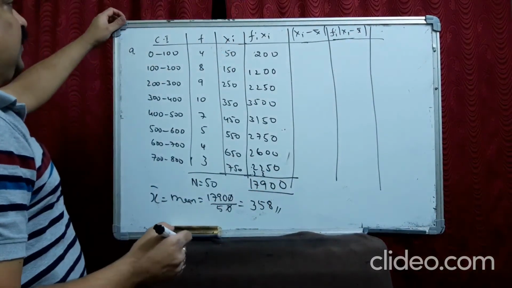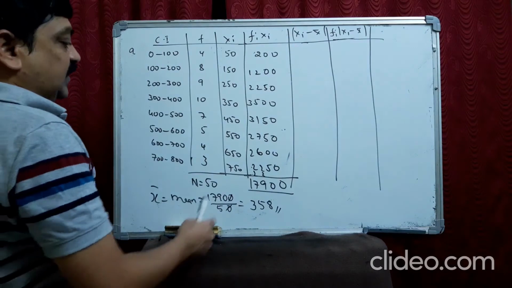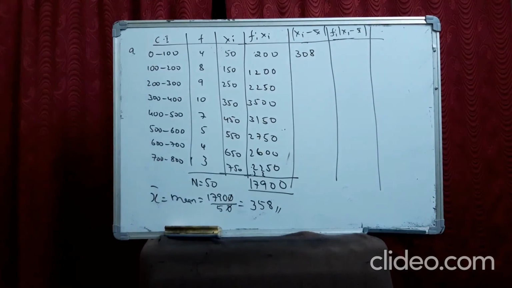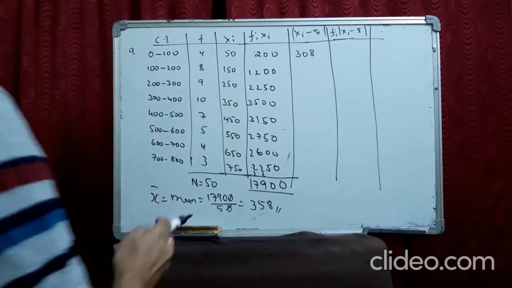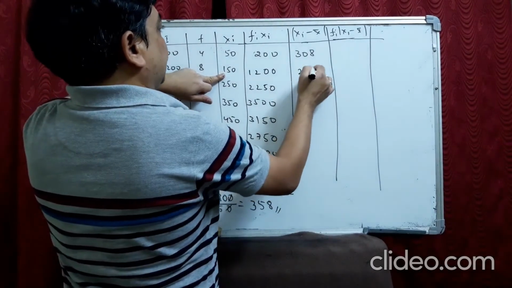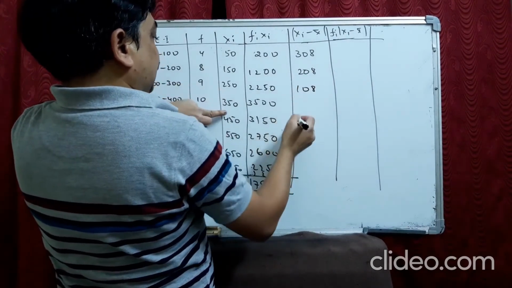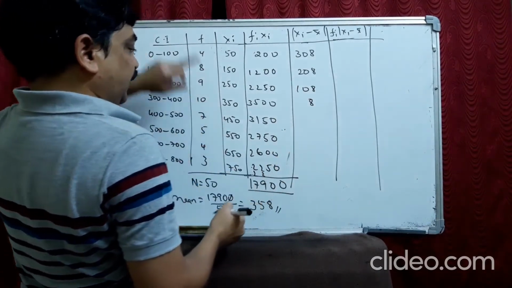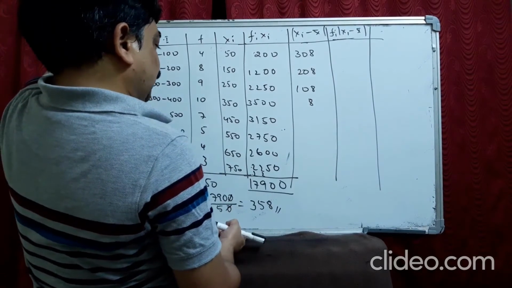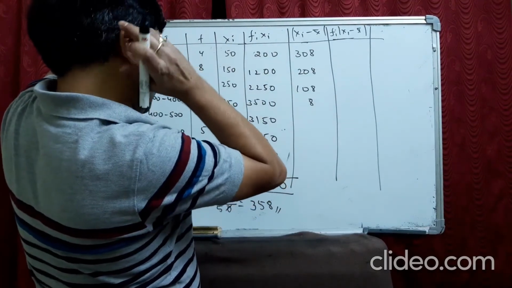So x_i minus x bar: 50 minus 358, it will be 308. 150 minus 358, it will be 208. 250 minus 358, it will be 108. 350, it is 8. 450 minus 358, is it 92 or 102?